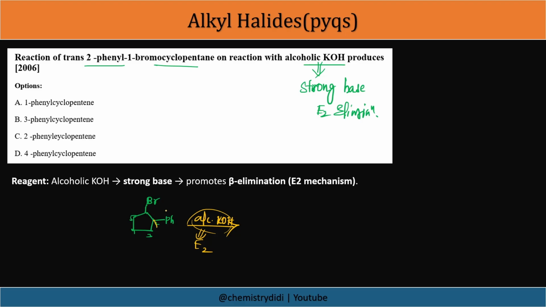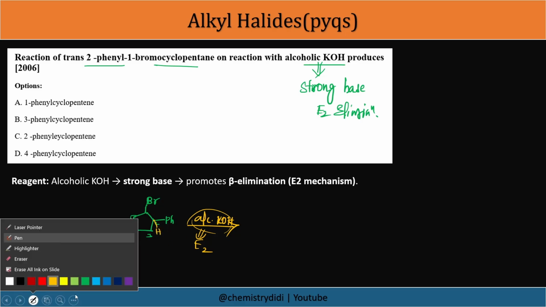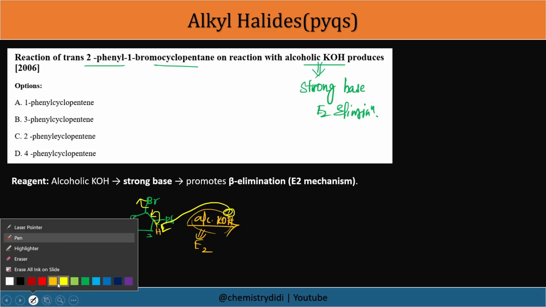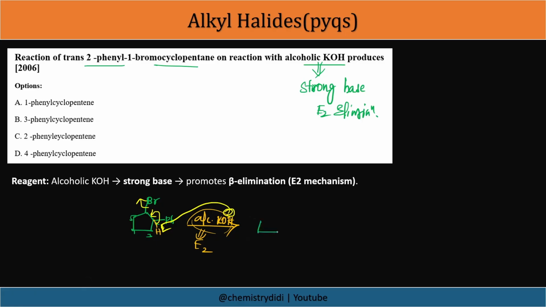As they have given trans, this OH negative will try to abstract this hydrogen over here, and this bond shifts towards here, and this bromine will leave. And here we'll get this compound. It will form an alkene, which is stabilized through resonance also.